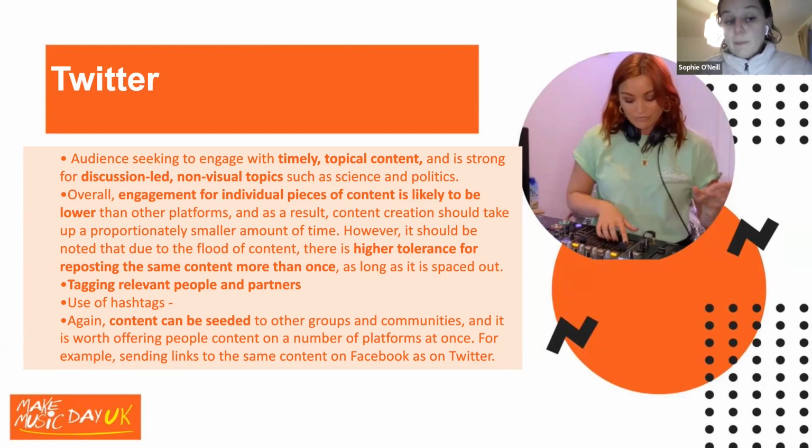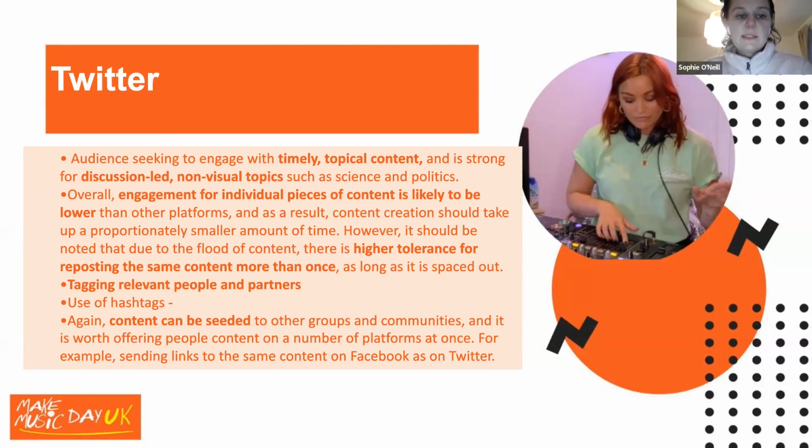Tagging relevant people and partners is key. So I think that's similar to what I talked about with content seeding on Facebook. It's just about making sure that you know who might be able to help boost your post by sharing the content or resharing the content that you have posted yourself.